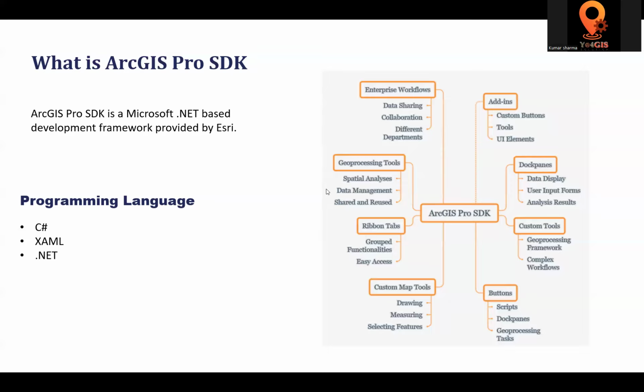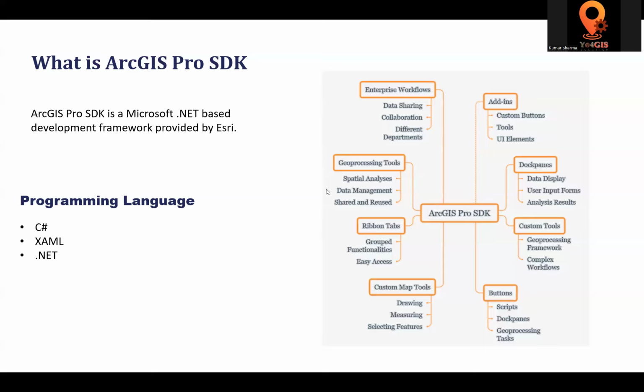But here you need not worry about that, because all these things, C sharp, .NET, XML, are part of the course. So if you are coming from a non-development background, there is no issue. The only thing is you should have the basic knowledge of ArcGIS Pro.